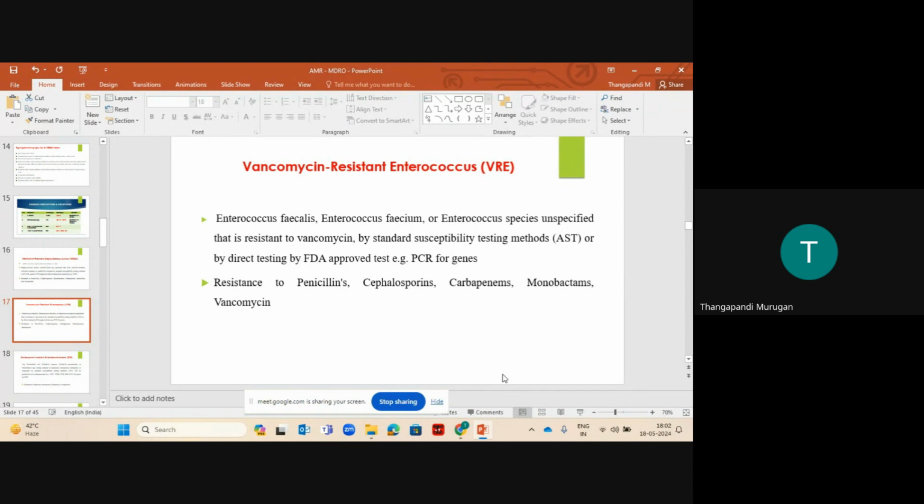If we receive Enterococcus faecalis or faecium that is frequently resistant to penicillin in a hospital, the microbiologist will convey it to the hospital team, either in an HIC meeting, a consultant meeting or an antimicrobial stewardship committee meeting, when we see these kinds of rates over the past 6 to 8 months.